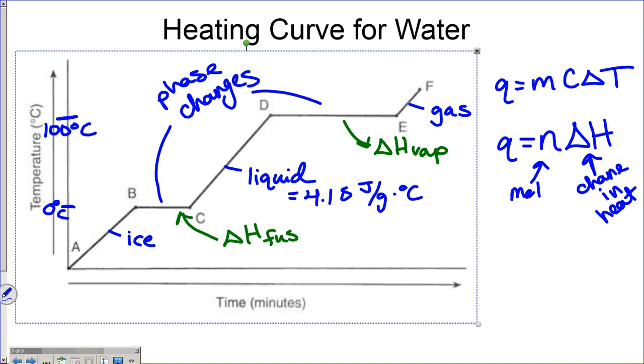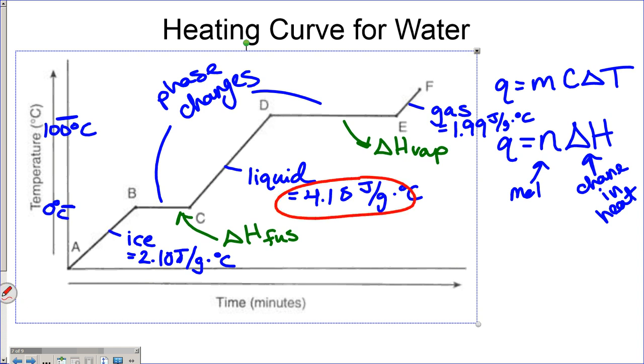Ice is going to have a specific heat of 2.10 joules per gram degrees Celsius, whereas steam is going to be 1.99 joules per gram degrees Celsius. Those will be given to you in some of these multi-step problems. The only one that will not be given is that 4.18. You have to know that.